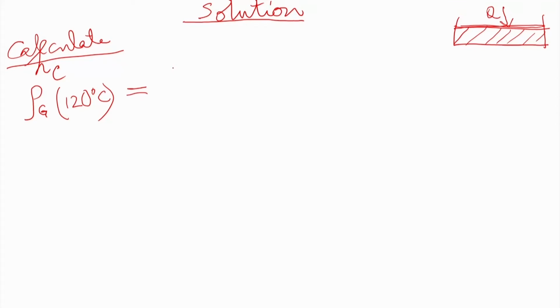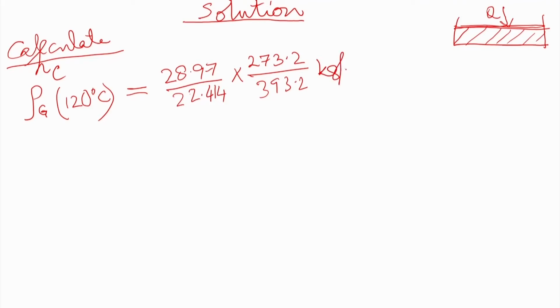That will be nothing but 28.97 divided by 22.414 into 273.2 divided by 393.2 kg per meter cube. So, we are assuming that it behaves as an ideal gas.